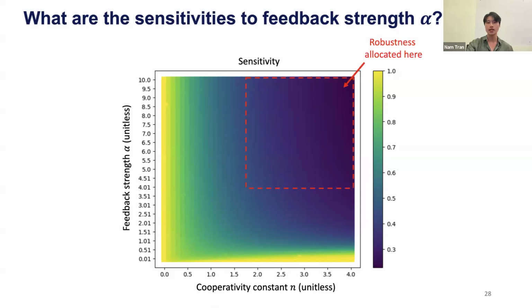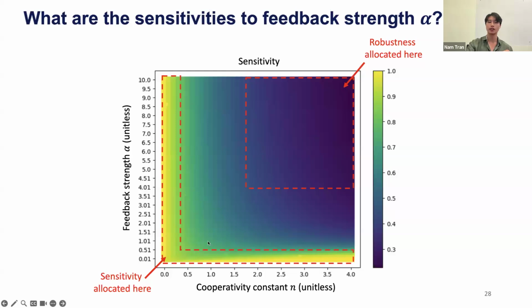You can see that robustness in this circuit is allocated for realizations of the circuit where alpha and n are large. So the system has really strong feedback and its cooperativity constant is really large. Whereas if either of them were small, then it's really sensitive. That's where the system has allocated its sensitivity.